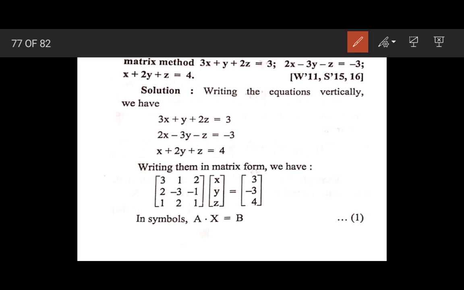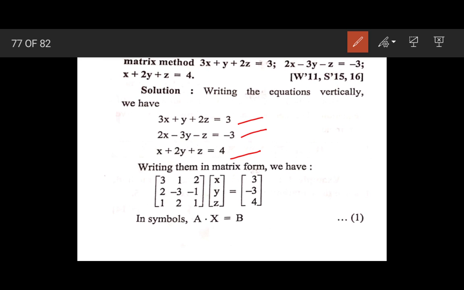Now in the matrix inversion method, what we have to do is first write down all the equations. So the first equation is 3x plus y plus 2z equal to 3. The second equation is 2x minus 3y minus z equal to minus 3. And the third equation is x plus 2y plus z equal to 4.